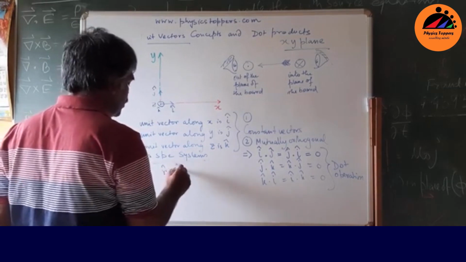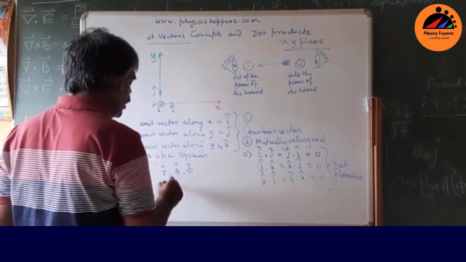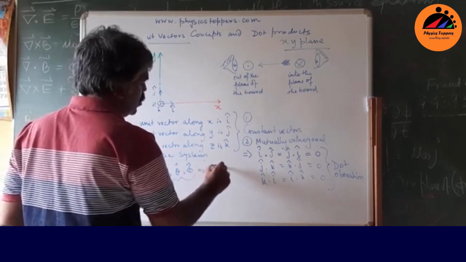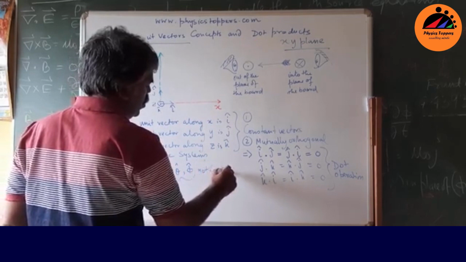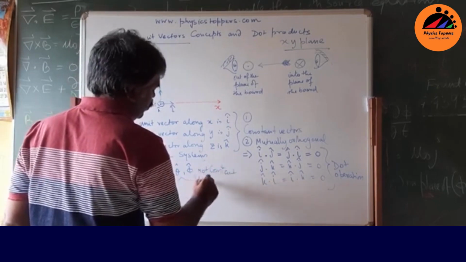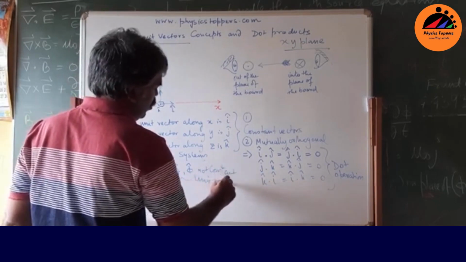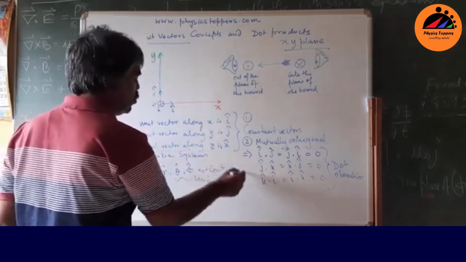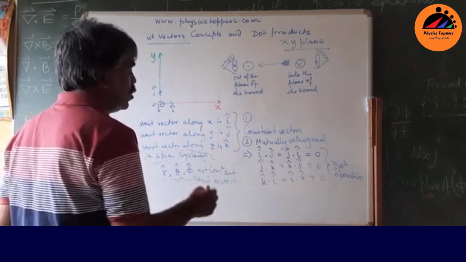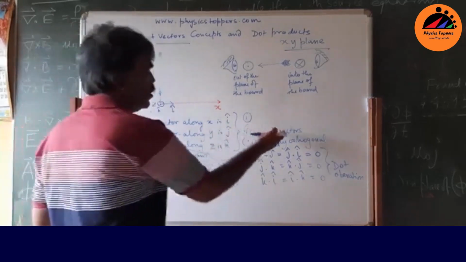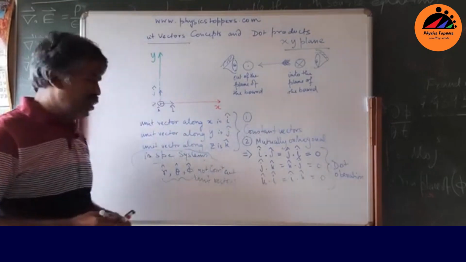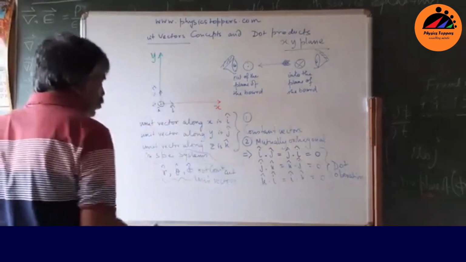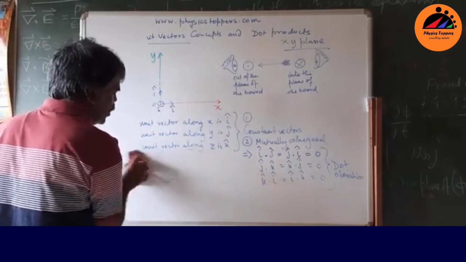These are not constant unit vectors. For this you have to see any specific videos on spherical polar coordinates. I just want to mention that this is a constant vector, and this is not a constant vector.